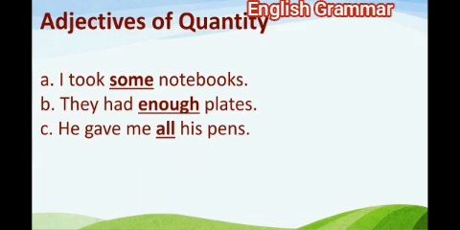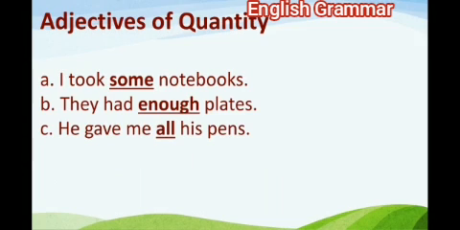Look at these sentences. I took some notebooks. I don't want to say how many notebooks I took. Okay, so I just say I took some. So you know that the notebooks I took is quite a number, but we don't have an exact number. They had enough plates. How much plates did they have? Enough.